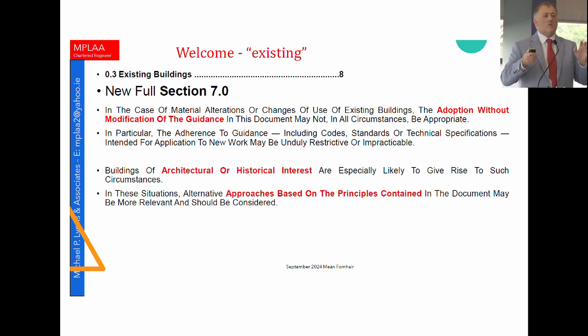So the TGDB relies on, say, the 18-meter dead-end travel distance. That's based on surface linings of a certain reaction to fire, and a ceiling height of, in the TGDB, 2 meters. In the other guidance documents, it's 2.4. But in theory, you can have a 2-meter high ceiling and have an 18-meter travel distance.